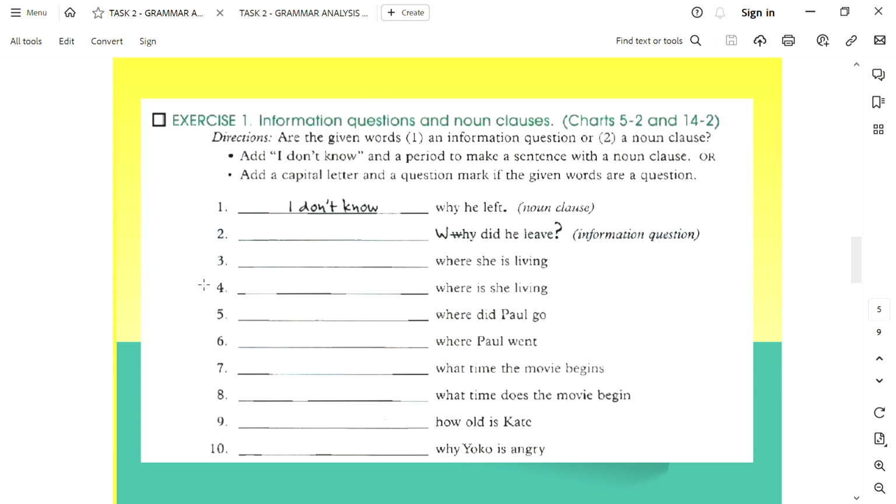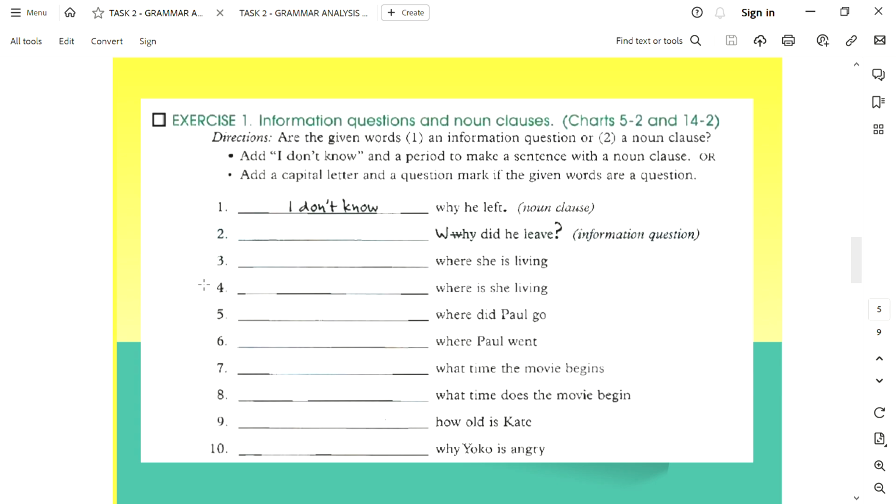Write 1 for the noun clause, and if it's a question, it's an information question. For example, number 1 here, I don't know why he left. And number 2, why did he leave? It's the information question.